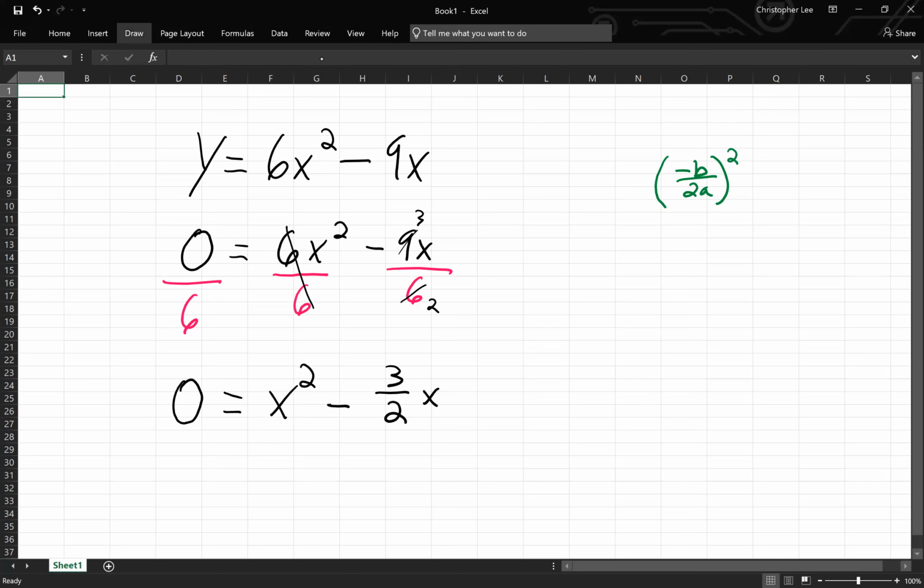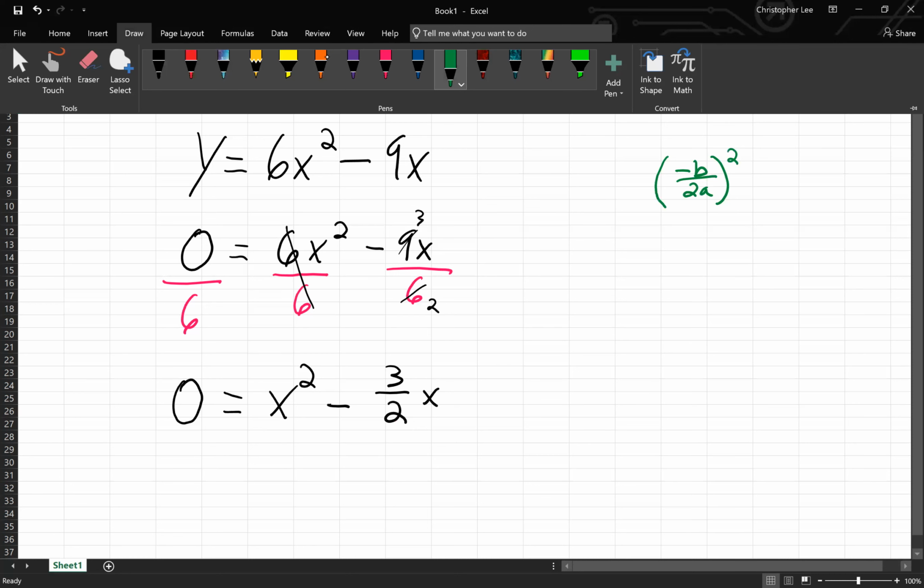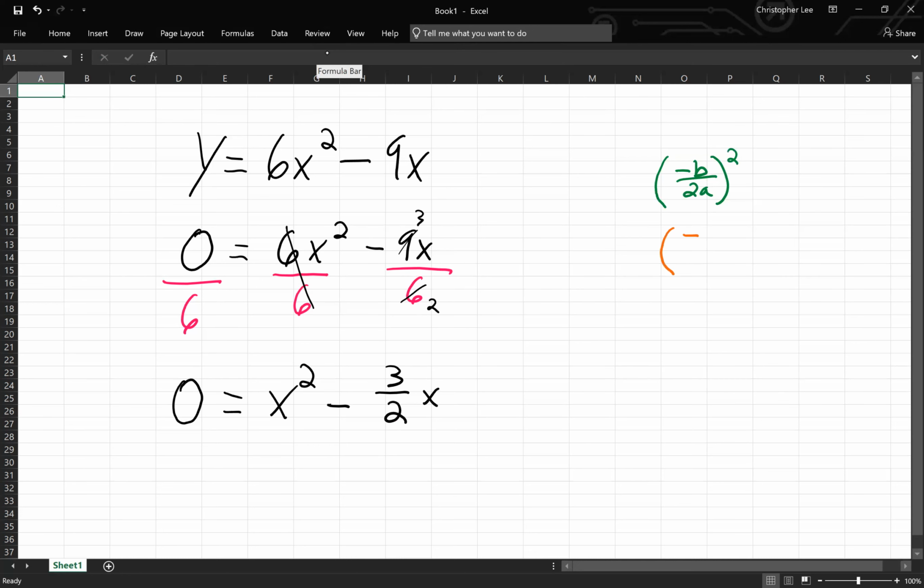So now that we have that, I'm gonna pick a color. Let's do orange. I'm just gonna plug it in. So I have negative of negative 3 over 2 divided by 2 times 1 and then squared.